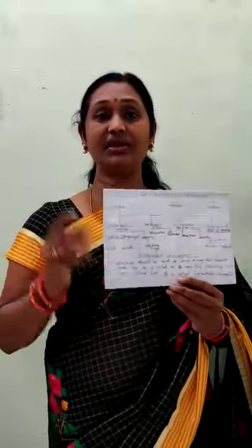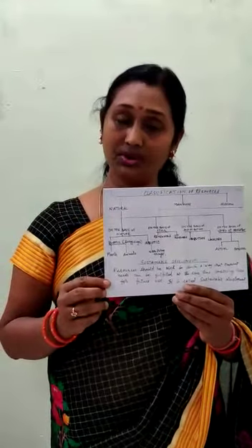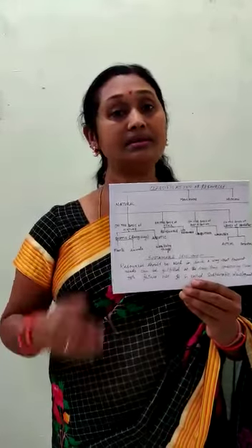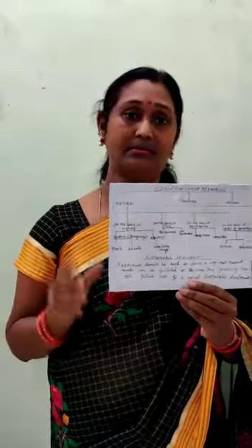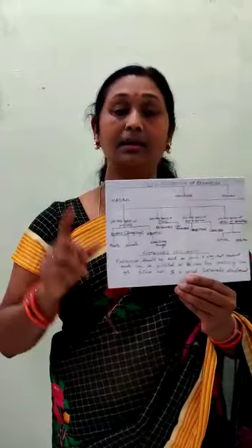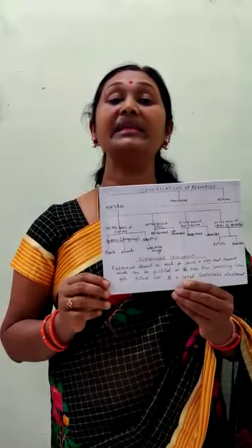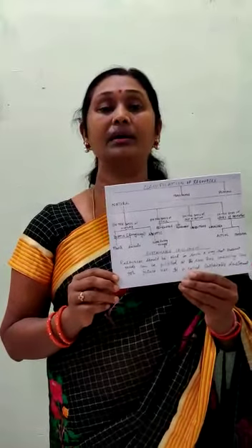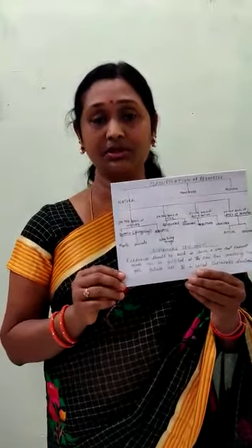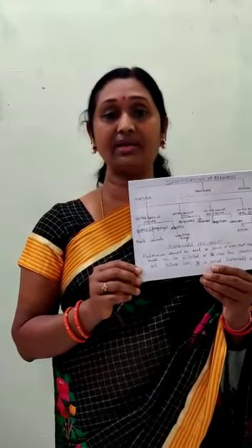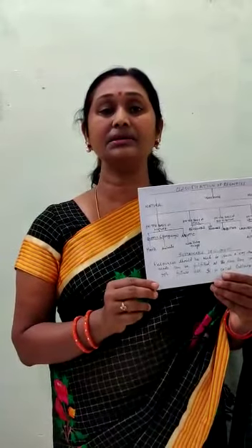The first classification is of natural resources. Again, natural resources can be subclassified under 4 basic heads. The first one is on the basis of the nature of the natural resource. On the basis of the nature, natural resources are divided into 2: biotic and abiotic.